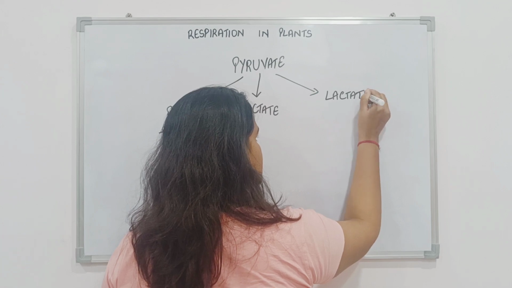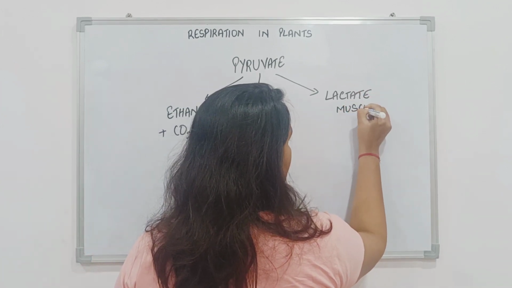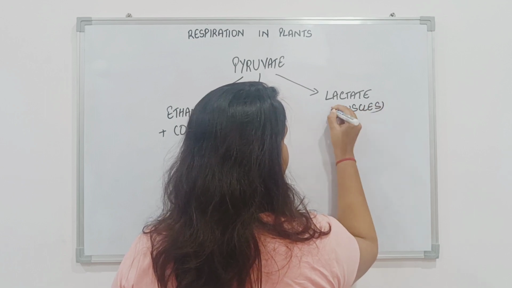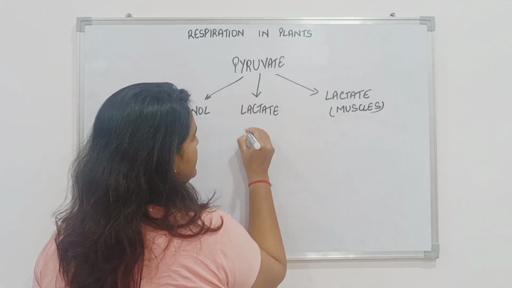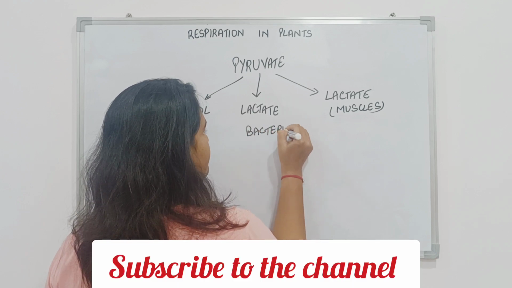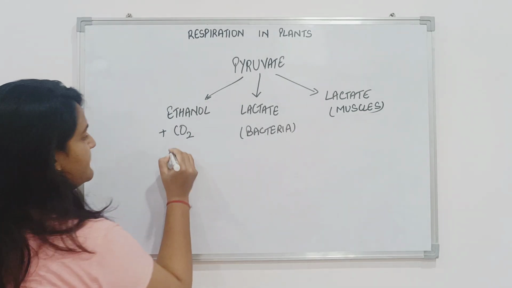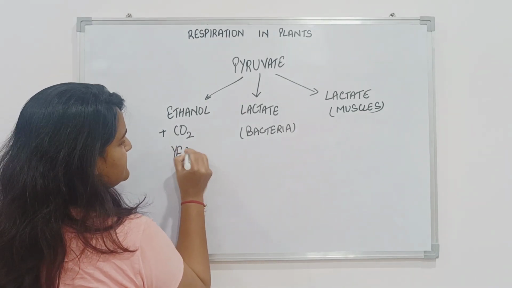Because one can happen in the muscles, and this one in the bacteria. Okay, and where is the ethanol one occurring? This happens in yeast.